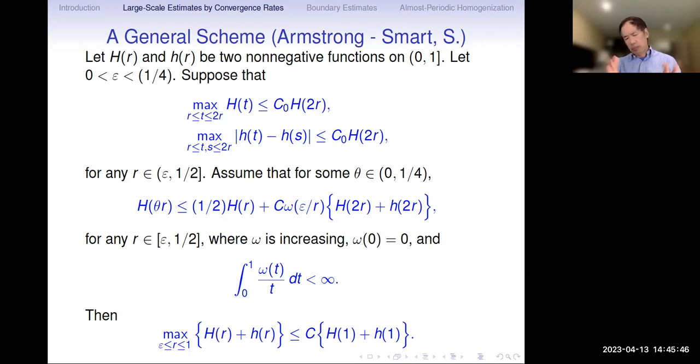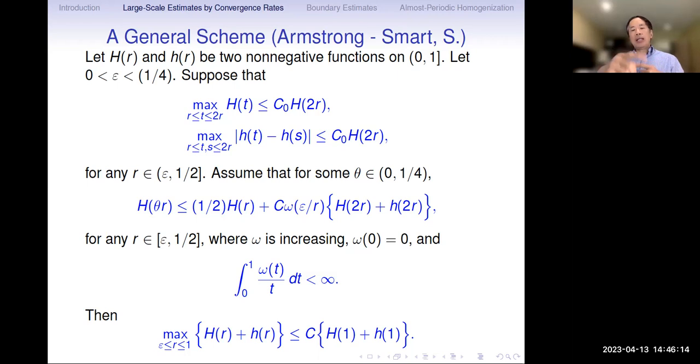That is, when you integrate omega of t divided by t, I want this to be integrable near 0. And if you have all these conditions, then the maximum of H of r plus little h of r for r between epsilon and 1 is controlled by the sum of the values at 1.